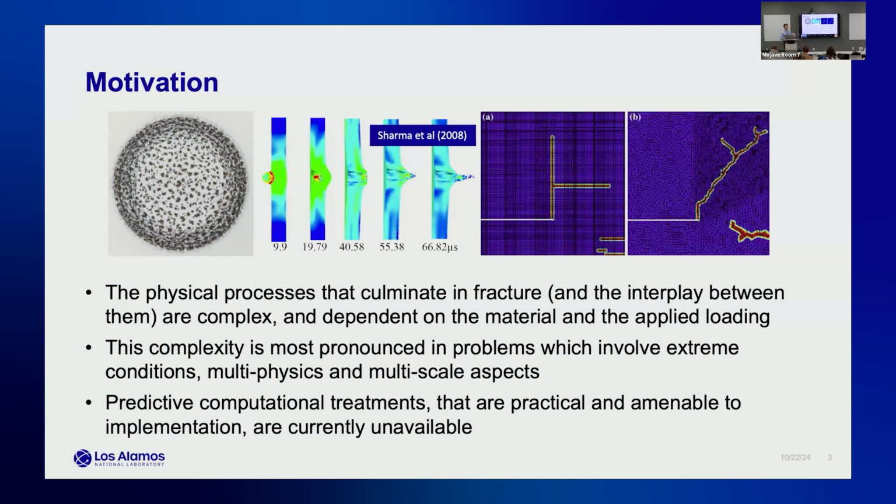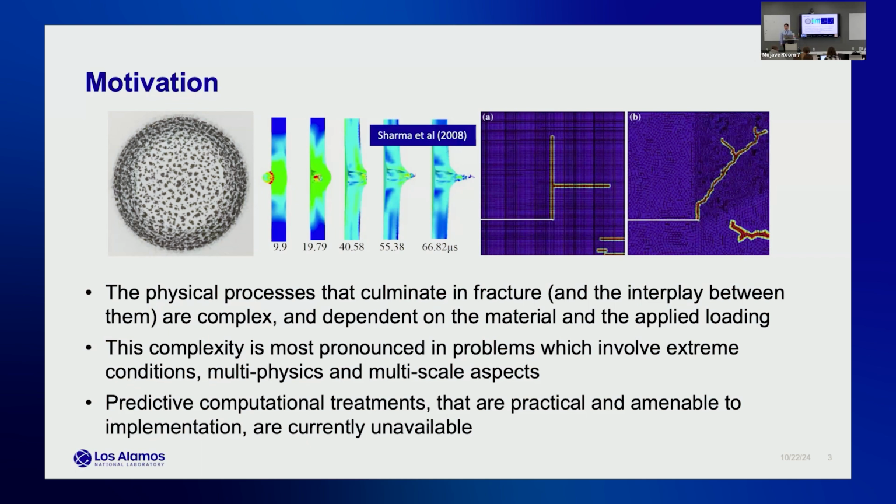When the pressure goes off, the shell explodes, and what you see is the so-called cornflake pattern of these pieces. Dynamic fracture is also important in many other applications, shown in the second figure, which shows a steel ball traveling at high speed, penetrating a steel plate.